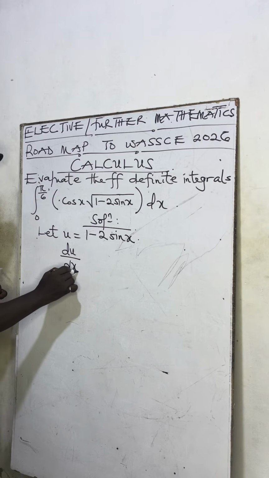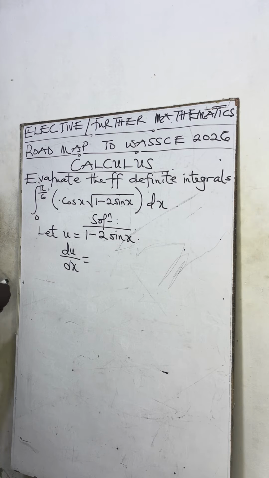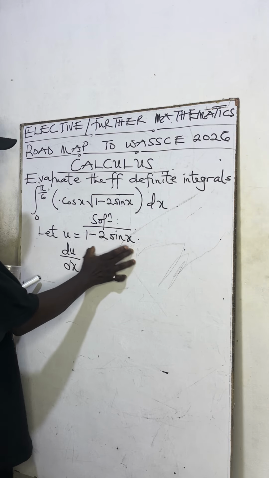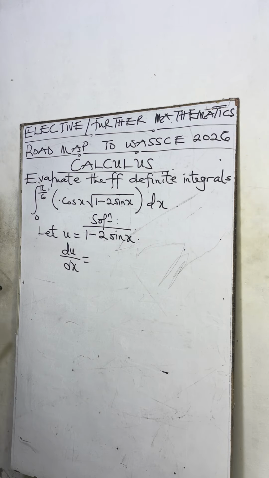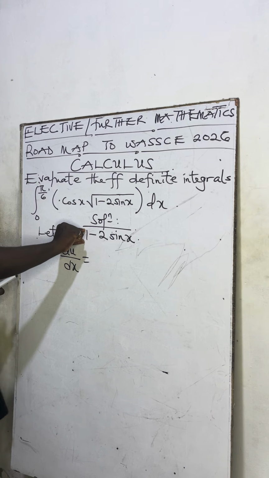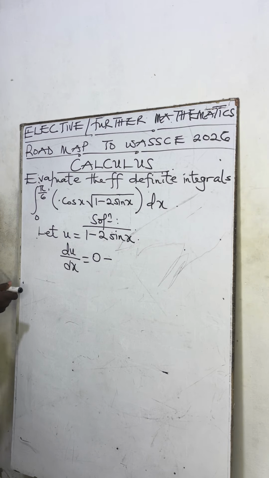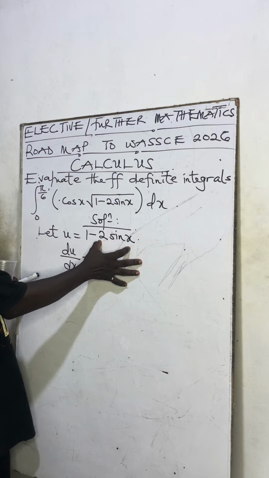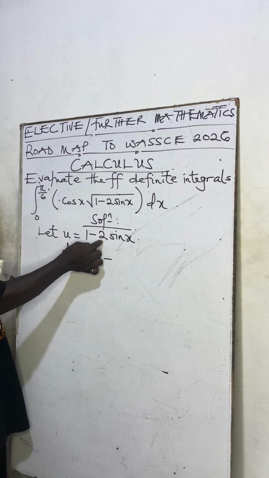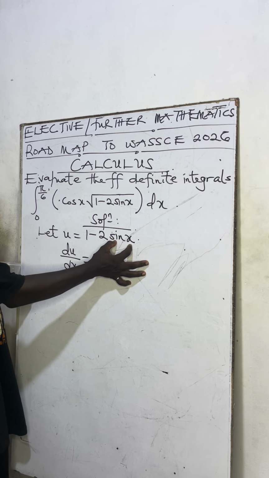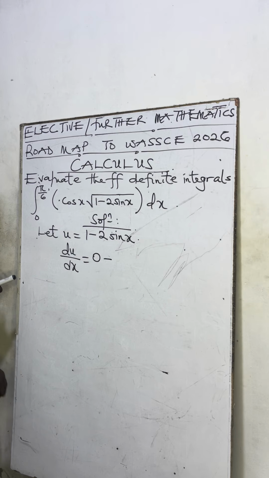So du dx is equal to, we have to differentiate this expression we have here. When you differentiate a constant, you get 0, minus 2 multiplying sine x. We can just factor 2 out.